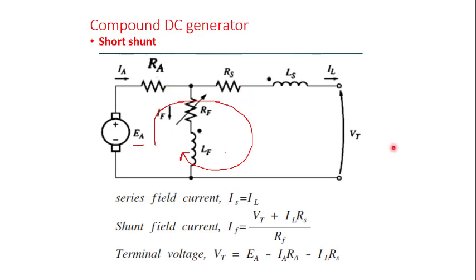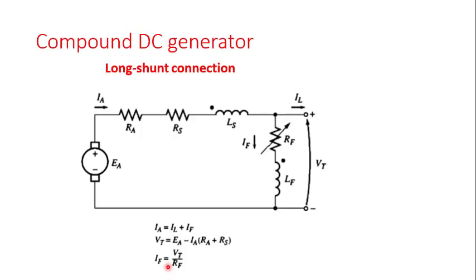Because what is coming here, some will drop here, some will drop here, and the remaining will be what you get here. So if we are able to get this drop and subtract it from the amount here, then we can get our VT. So that is it for this particular terminal voltage formula. Take note of how we got the IF and VT, and always have that in mind. So that is for the short shunt.